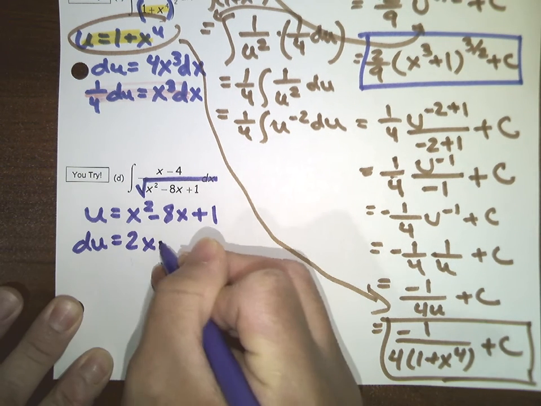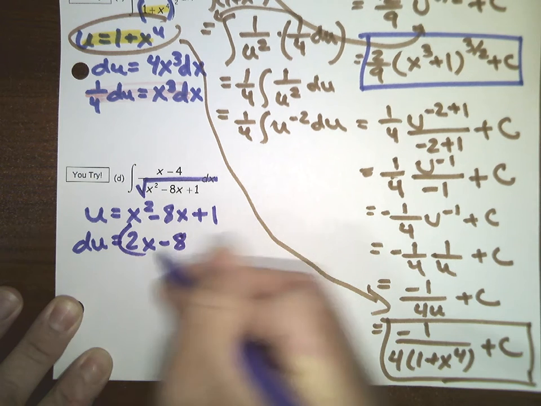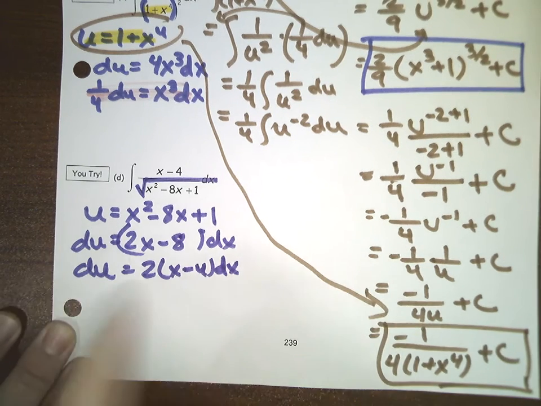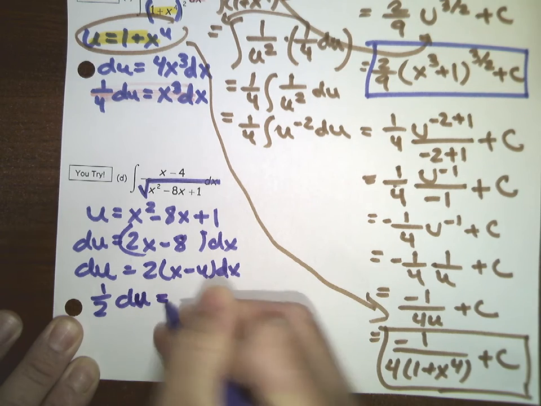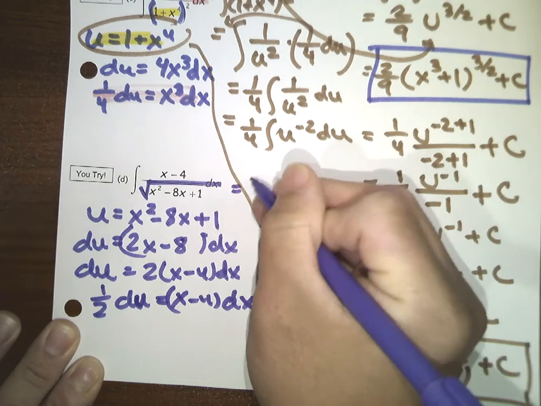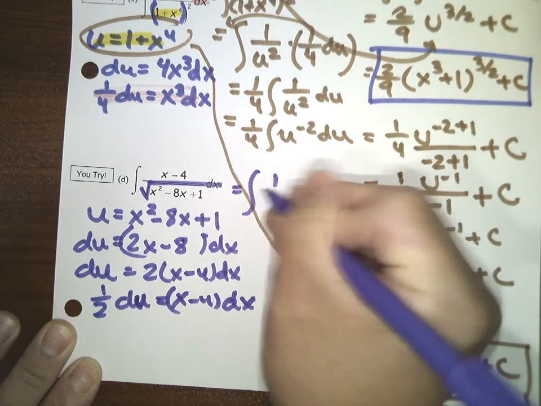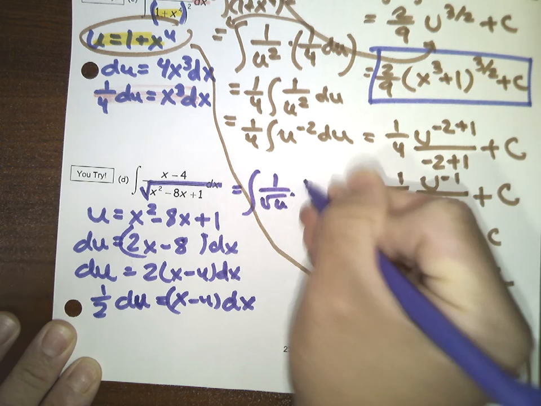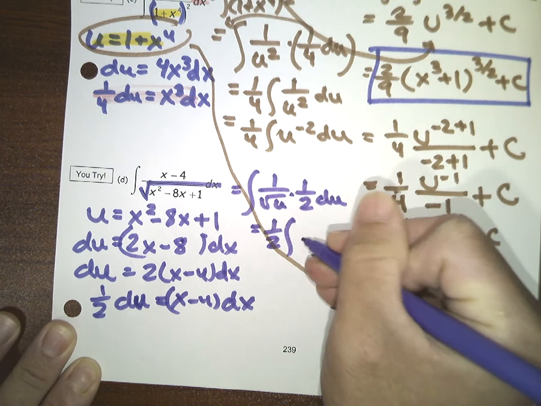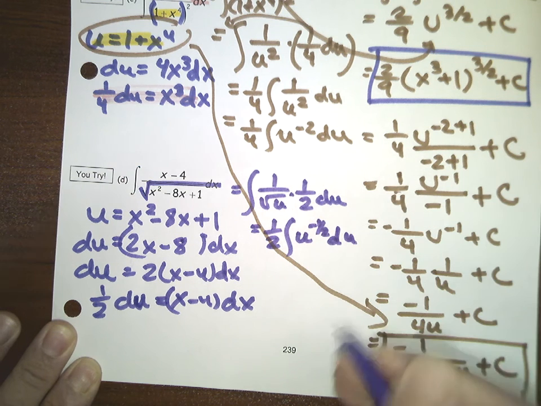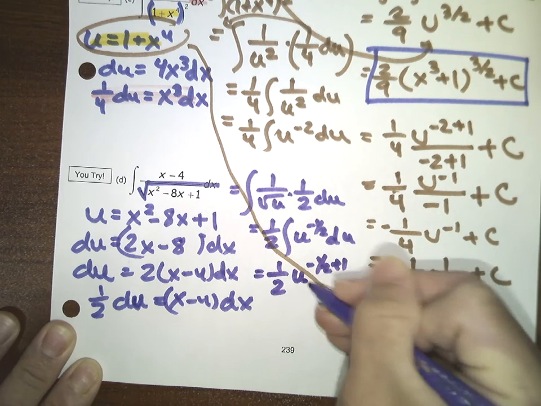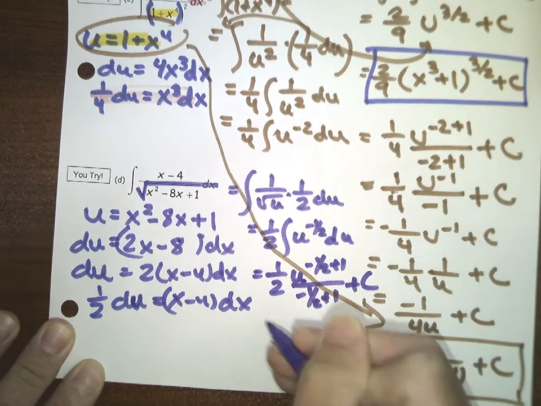I feel like if I say too much, I probably will have ruined it, but I think that if you factor out the 2 and then divide by the 2, you can see that this could be rewritten as the integral of 1 over the square root of u times 1/2 du, or 1/2 integral of, and 1 over square root of u is u to the negative 1/2 power, and then just go ahead and add the 1 to the exponent and divide by the new exponent plus c, just like before.